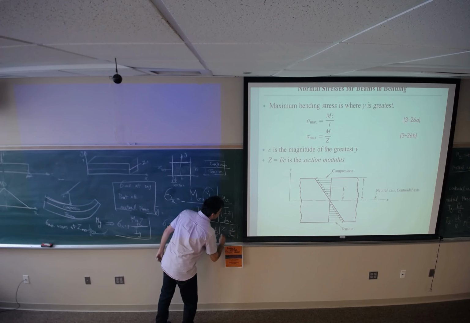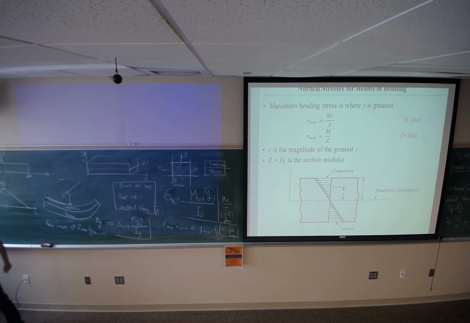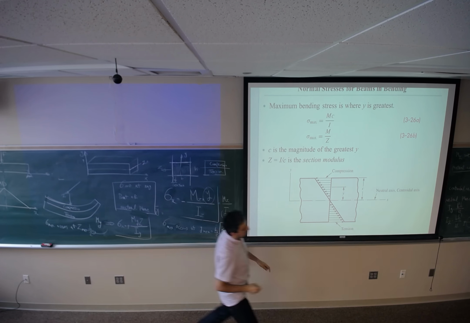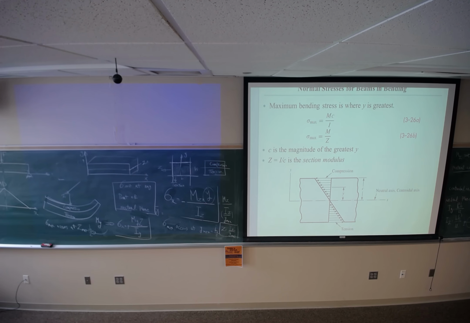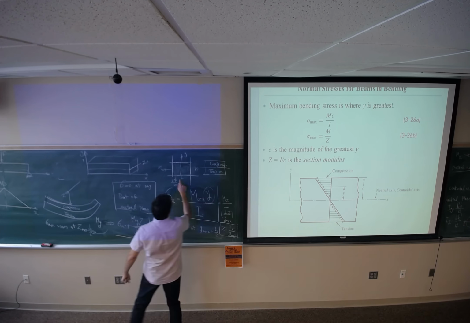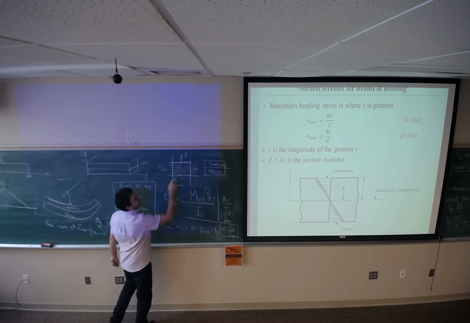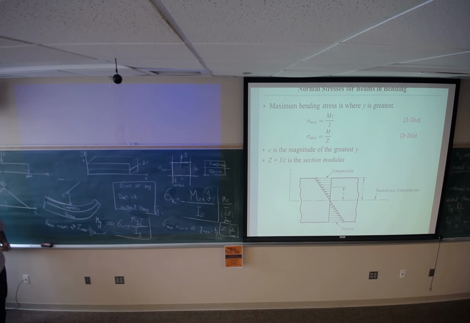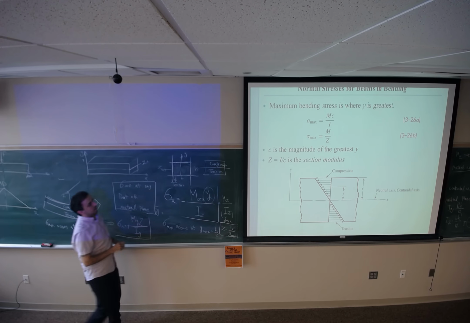It's just a definition. Here, Iz is going to be h to the power 3 divided by 12, but b is this length, h is this one. So, just revise. Here I used the correct letters, but over there I switched b and h. So h is the height and b is the width of the cross section.